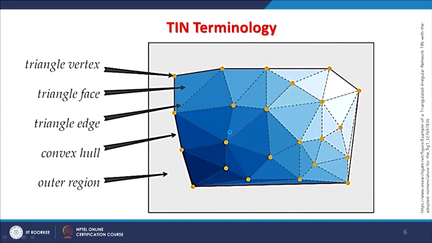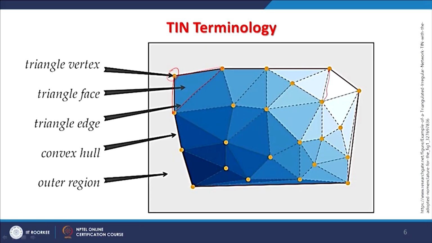Now, the different terminologies or terms which are associated with TIN, one by one I will touch upon that. When you have this triangle vertex or the input points, we call it a vertex. Overall everything is called mass points, whatever the input points are there, and this is the triangle, that is a face or facet. So, that is a plane.